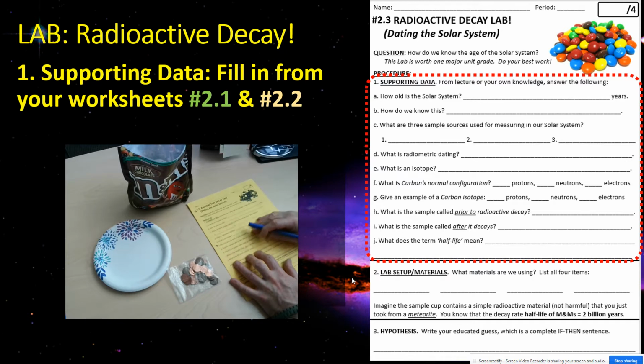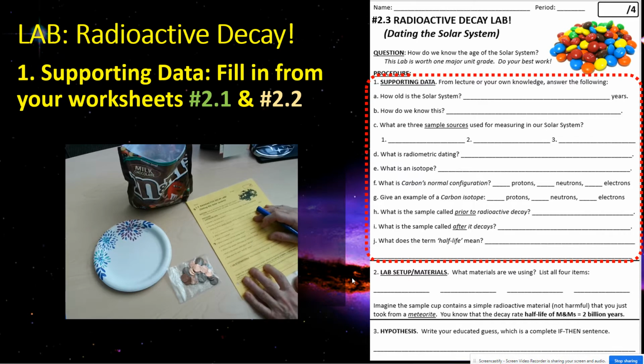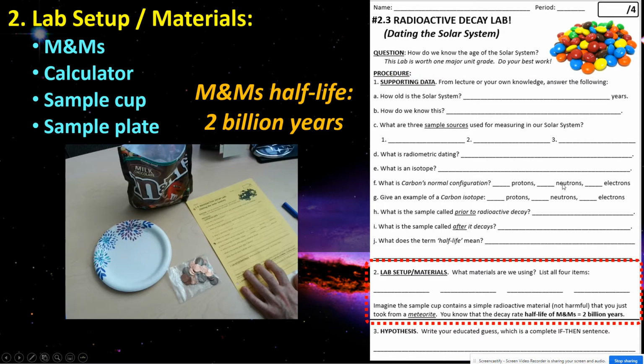So all of these answers you have in your prior assignments, and you can easily look these things up on the internet. Make sure you have everything filled out, and that you have a good understanding of these terms before you move on. All right, let's take a look at our next part, lab setup and materials.